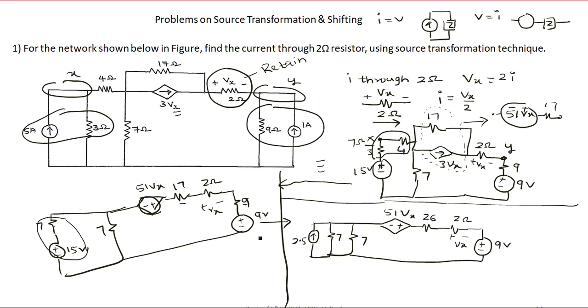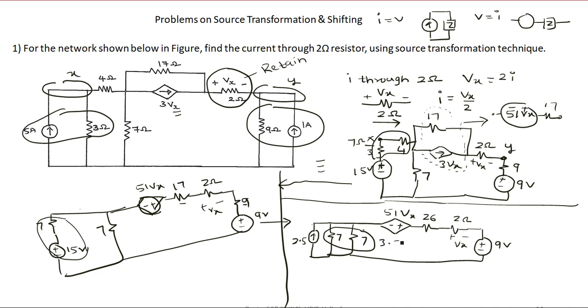Okay, so in a similar way, now we can again see that we can still apply the source transformation, but here you have this parallel combination of 7 and 7. So in the series and parallel combination of resistors, we have seen if you have two resistors connected in parallel, their equivalent resistance will be half of that.